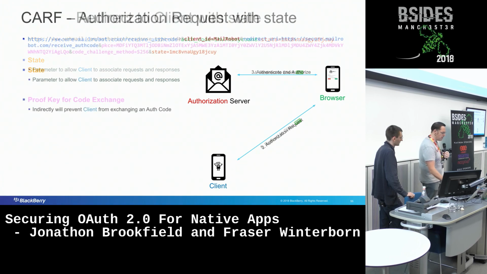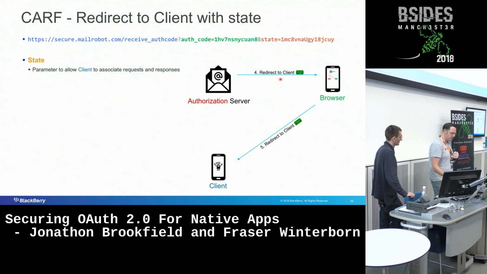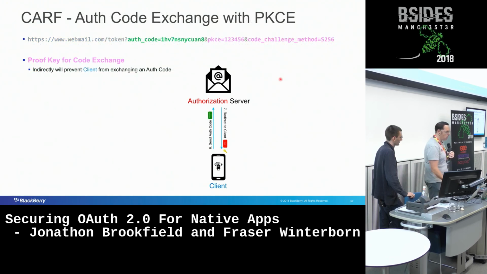Bouncing back briefly, the other thing to note is that PKCE does indirectly prevent this attack as well, where the client sends the hash of the secret in the authorization request, because when the client then comes to redeem the authorization code, if the authorization code has been provided by the attacker, there is no way that the client will know the correct secret.